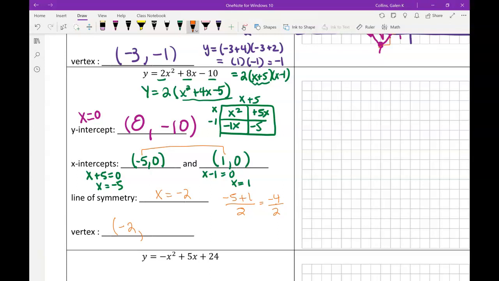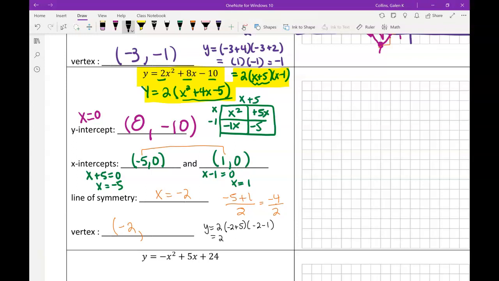And to find the y value, we could plug x is negative 2 into any of these forms. I could plug it in here, I could plug it in here, I could plug it into factored form. And my opinion is that factored form is the easiest to deal with. So y is 2 times (negative 2 plus 5) times (negative 2 minus 1).